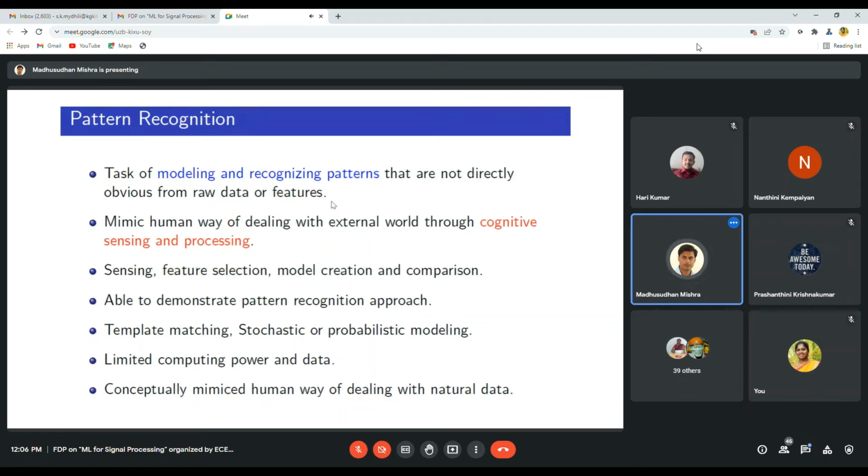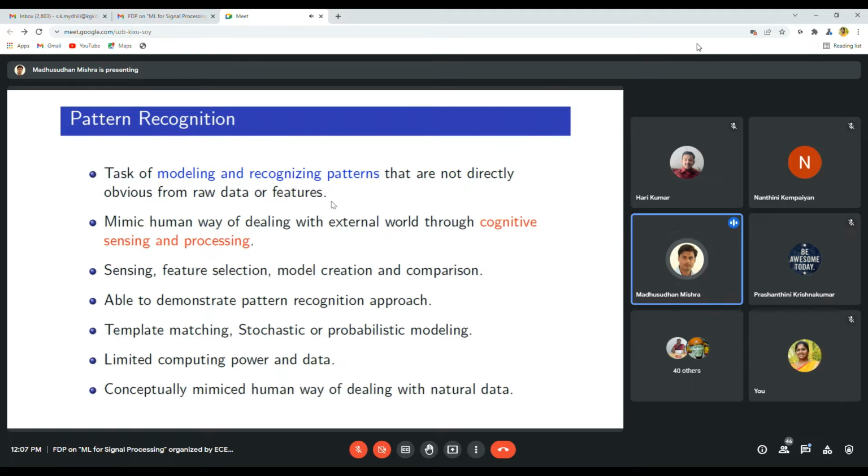Then when we talk of pattern recognition, it is the task of modeling and recognizing patterns that are not directly obvious from the raw data or features. With the help of raw data or features, we try to get some pattern which we find. It also aims to mimic the human way of dealing with the external world through cognitive sensing and processing, because the human mind has perception and cognition sensing qualities.